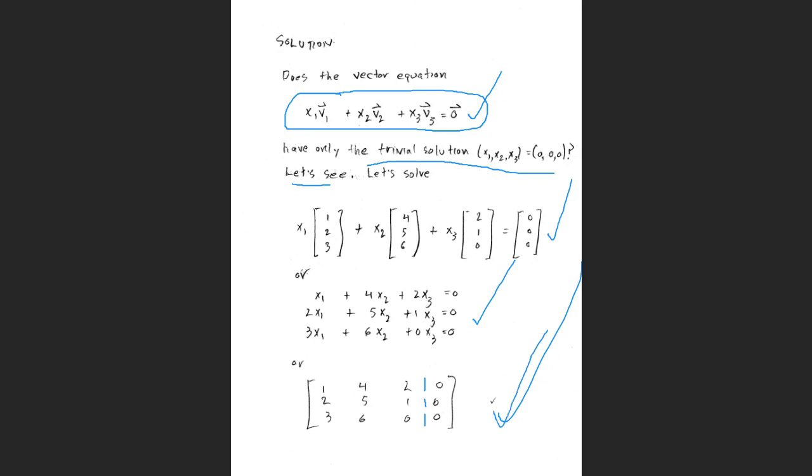Okay, so here's our augmented matrix. We're going to do row operations on that augmented matrix to try to get it in reduced echelon form, because we're trying to solve for x1, x2, and x3. So now I'll go to the next page.